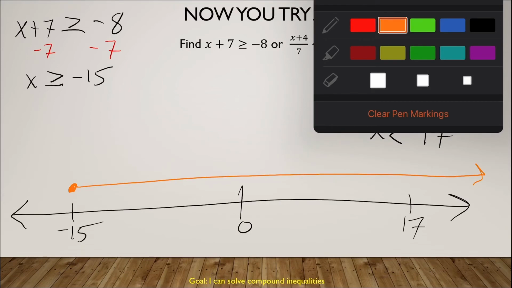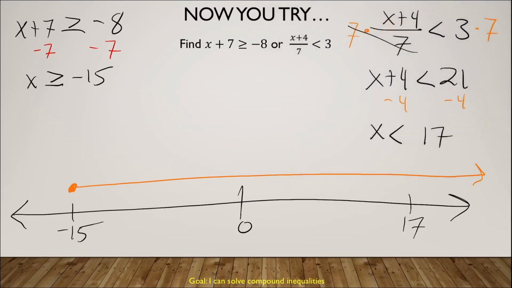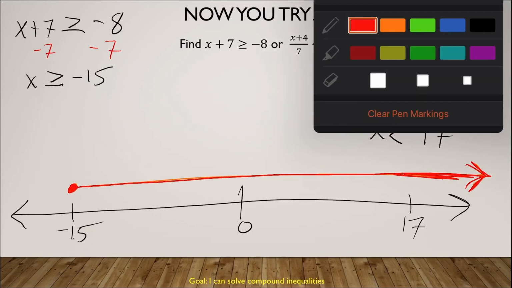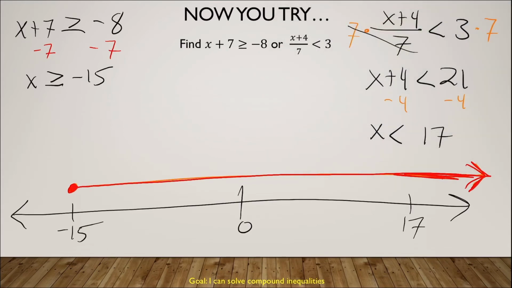And then, let's do that one in red. My orange one is x is less than 17, so I have a filled in circle here, and less than is to the left.